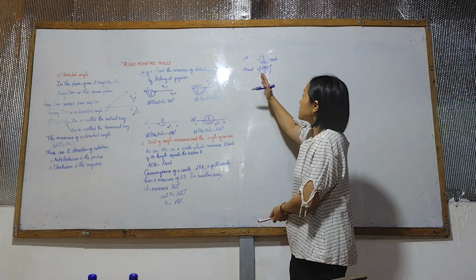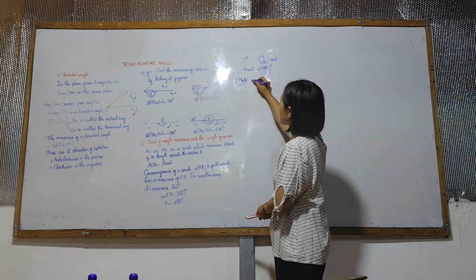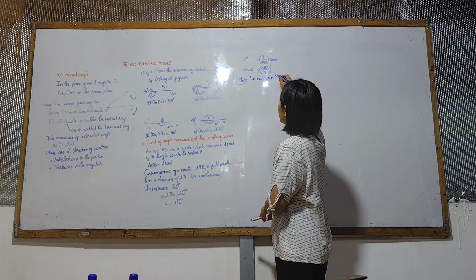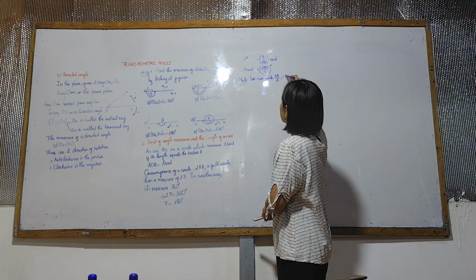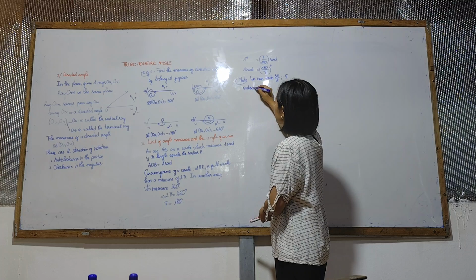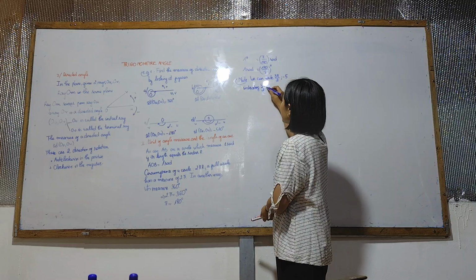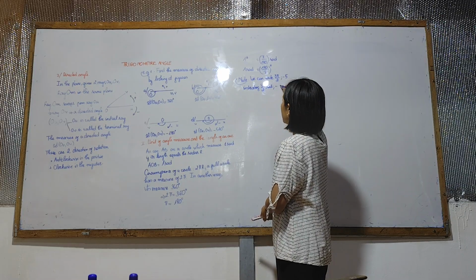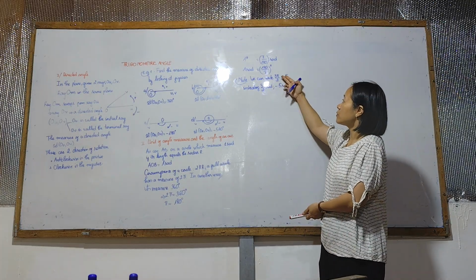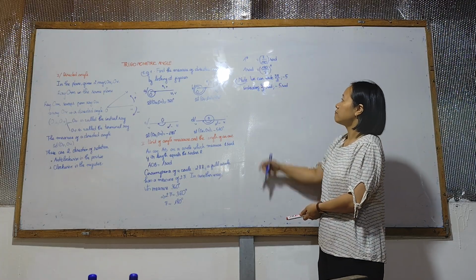Yes, and note that we can write 3pi over 2 or negative 5 instead of 3pi over 2 radians or negative 5 radians. If we don't write any unit after this, we know it is radian.